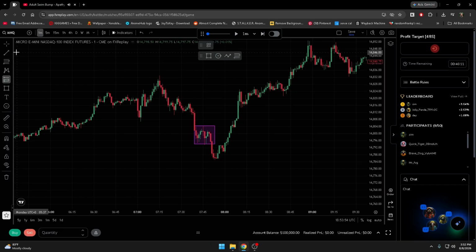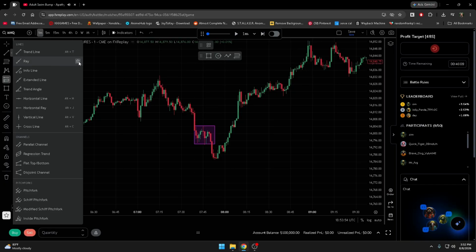Pathing, that. Oh yeah, I love my lines. I don't use trim lines. I'll use a vertical line. I'll use a ray sometimes too, but horizontal line mainly. I think that's all the tools I use.